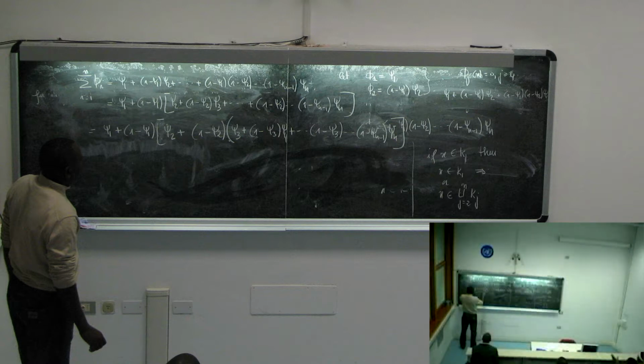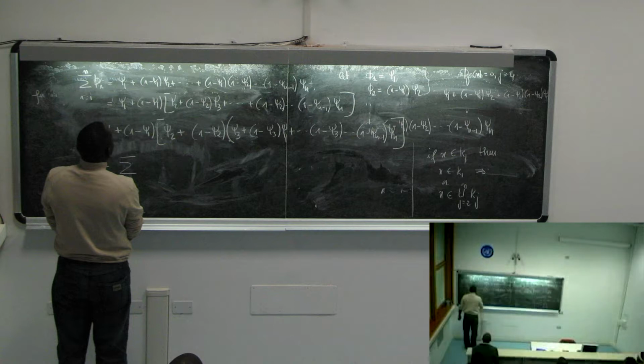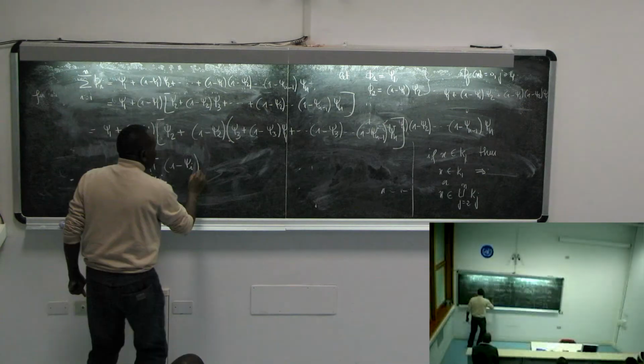So just write it as the summation of the product, followed by product. Here I have sum from i to n, sum for j different from i of 1 minus psi i.